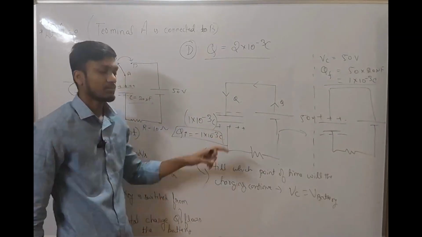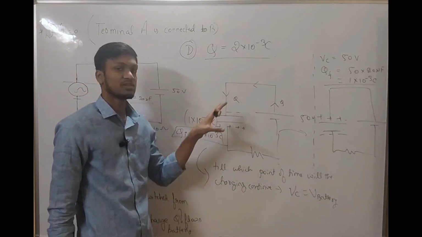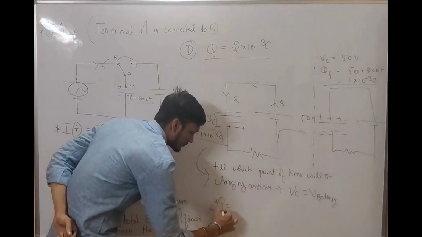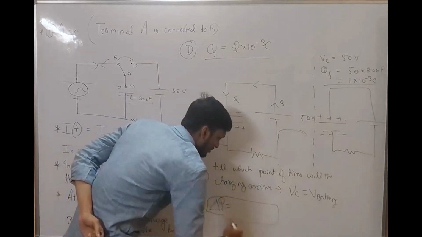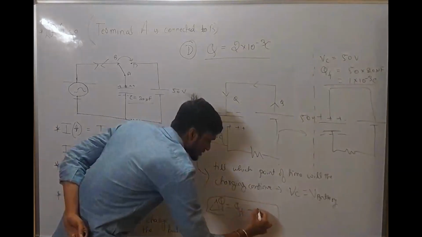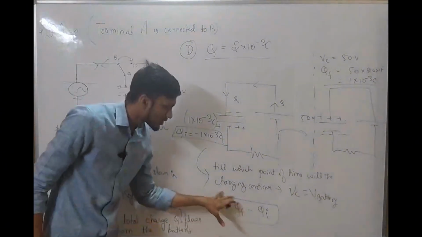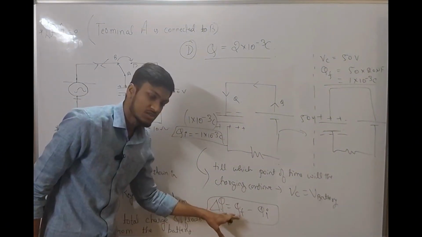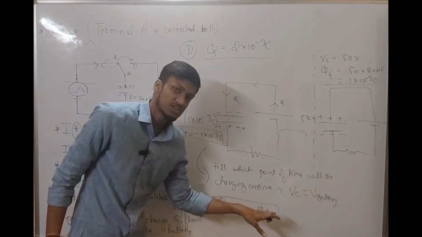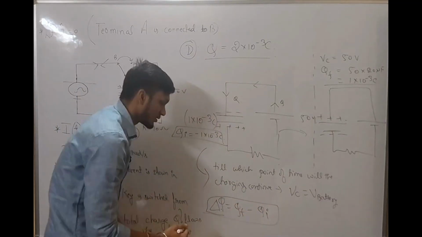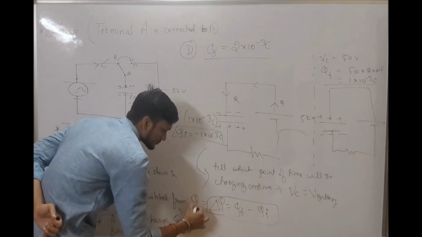Total charge that the battery must have supplied is the difference of this charge. So the battery provided the extra charge that is equal to Q final minus Q initial. Finally, we wanted the capacitor to have this charge. Initially, the capacitor had this charge. This much amount of extra charge must have been provided by the battery. So this is equal to Q.